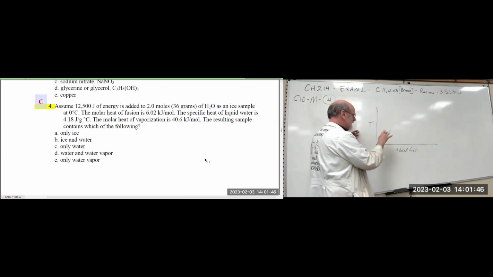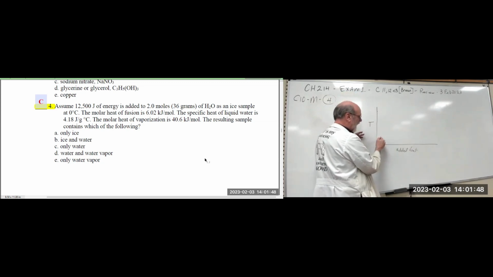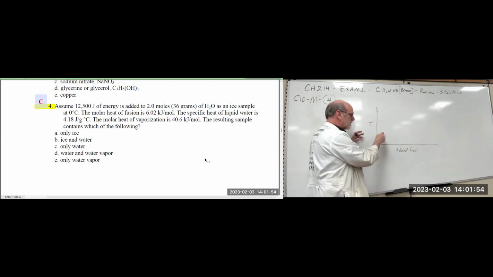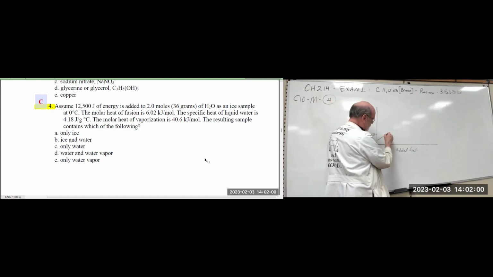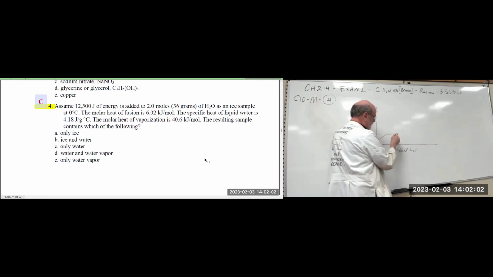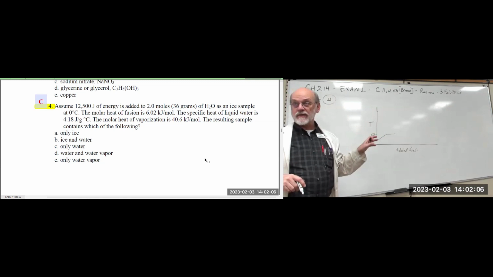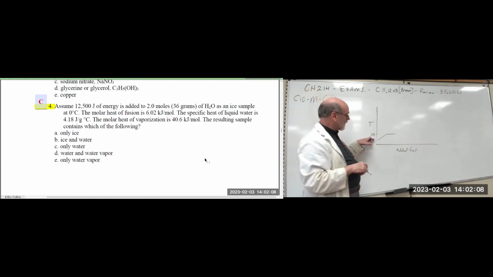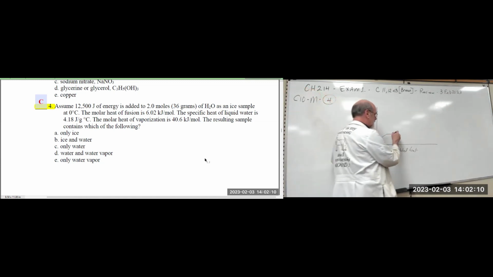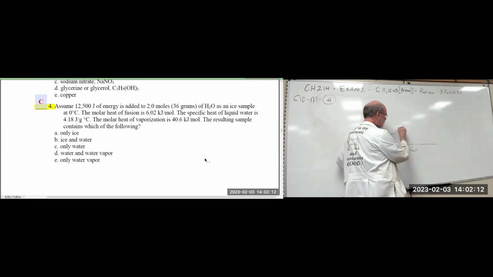So as we add heat to solid ice, it's going to go up like that. And when it gets to its melting point at 0 degrees, it's going to stop. Temperature won't rise anymore as long as you've got ice and water together. Once all the ice is melted, then the water starts heating up again until you reach the boiling point.